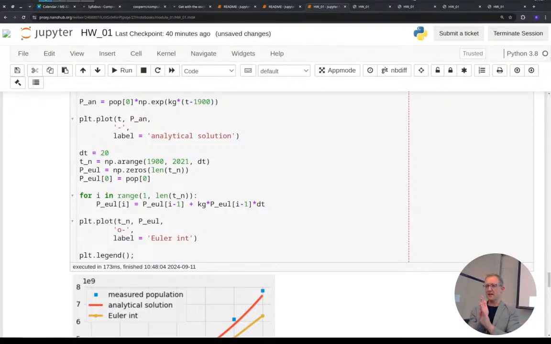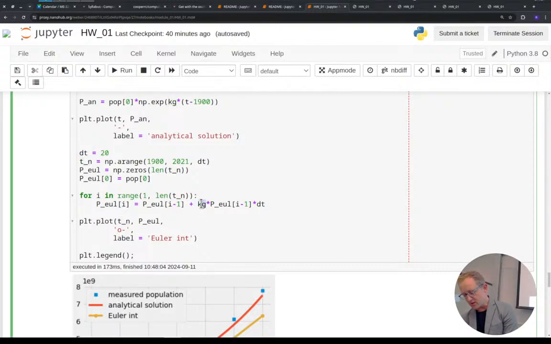Did anybody get that to happen? Yeah. You could change k. So we could say that this kg is actually like 1.5.